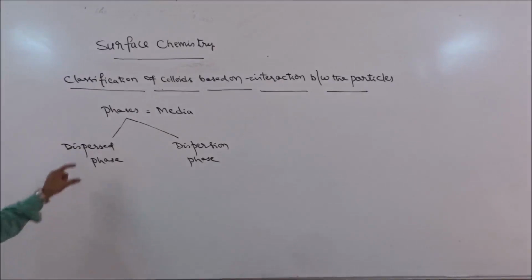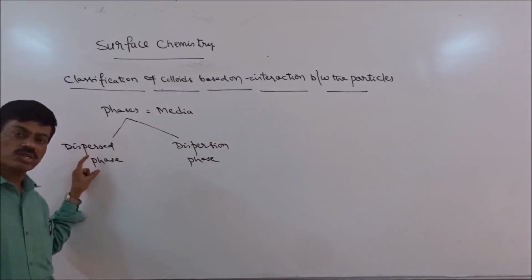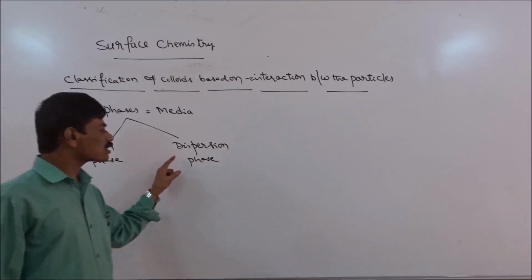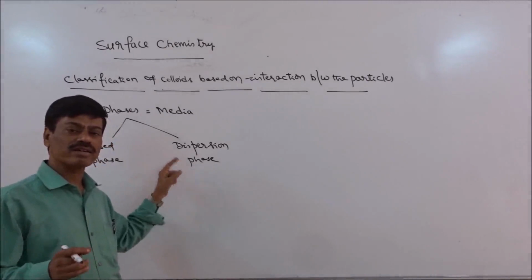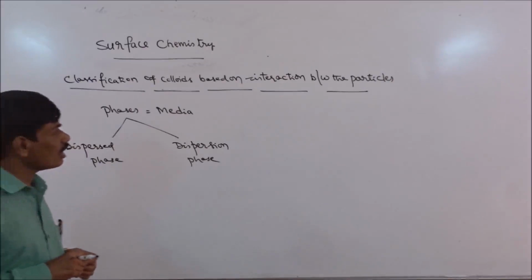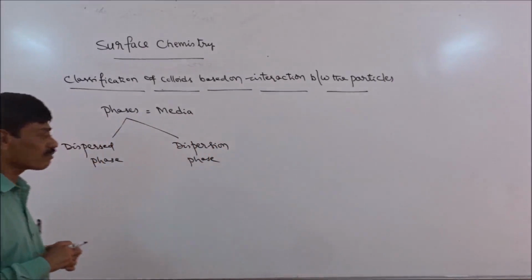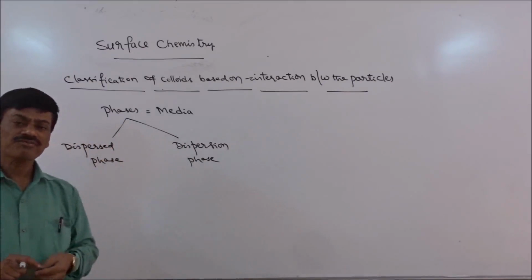And this dispersed phase of the colloid is comparable to solute of the binary solution. And dispersion phase is comparable to solvent of the binary solution.